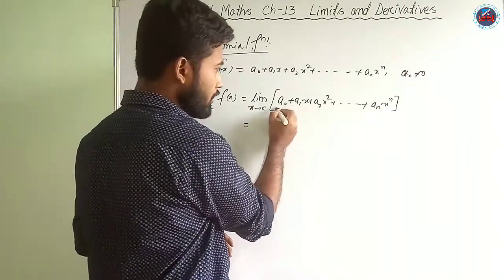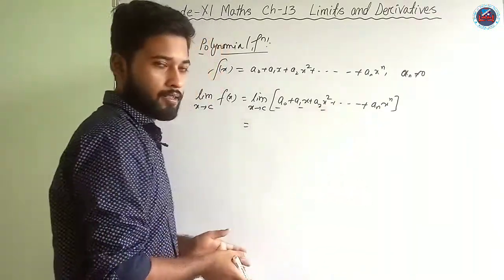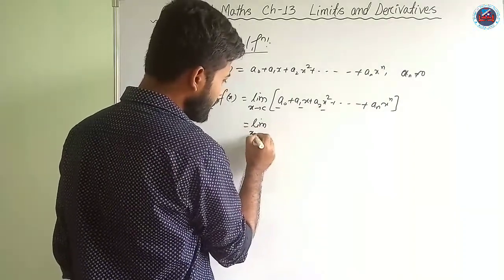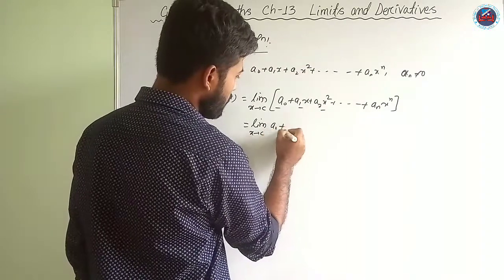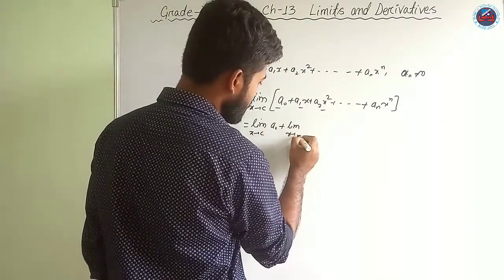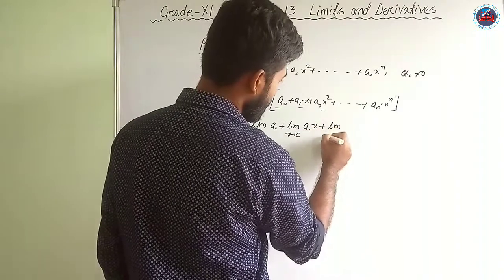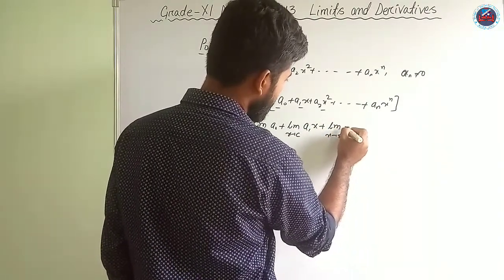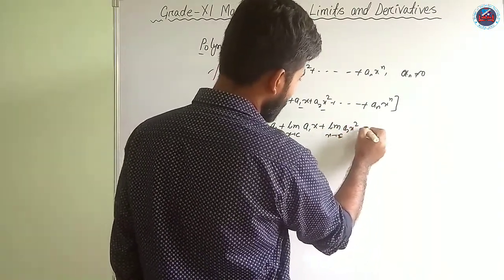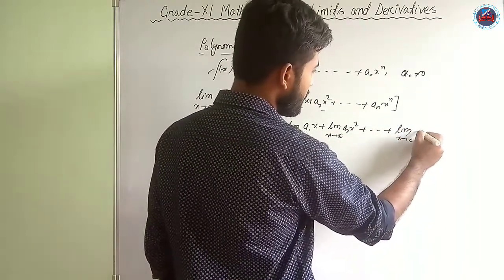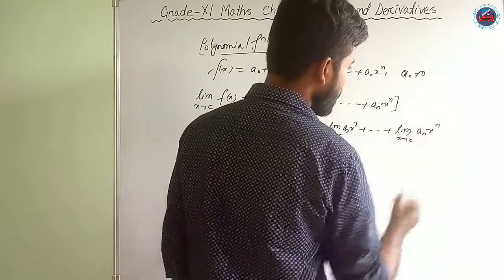Since all these terms are individually functions, we can distribute it. We can write limit x tends to c of a0, plus limit x tends to c of a1x, plus limit x tends to c of a2x², and so on, and finally limit x tends to c of an xⁿ.